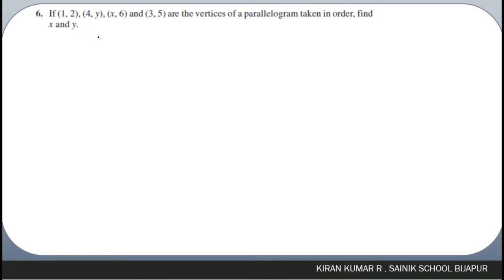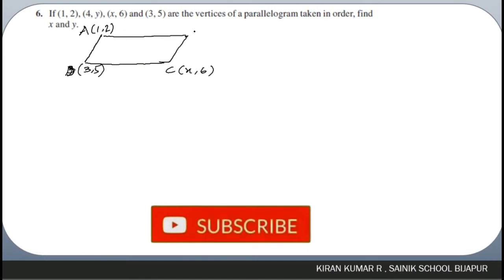Here, if I have a parallelogram, let this be point A, representing (1, 2), point B representing (4, y), point C representing (x, 6), point D representing (3, 5).